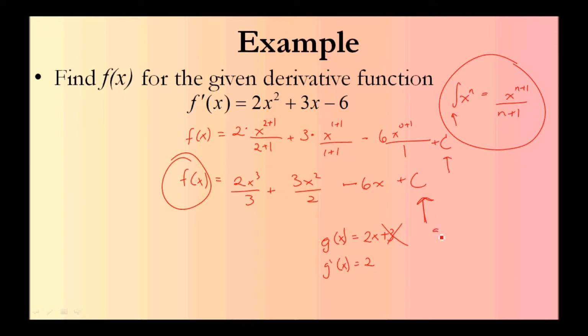But let's say I have a second g of x, which is equal to 2x plus 7. These are very different functions, but look, their derivatives are the same, because the derivative of all constants is 0. The derivative is 2.